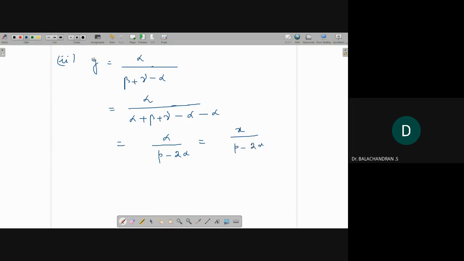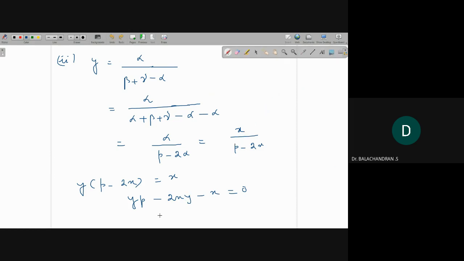Okay, cross multiply. Y into P minus 2x is equal to x. We need x in terms of y. So yP minus 2xy minus x is equal to 0. Taking minus x common, 1 plus 2y is equal to minus yP.